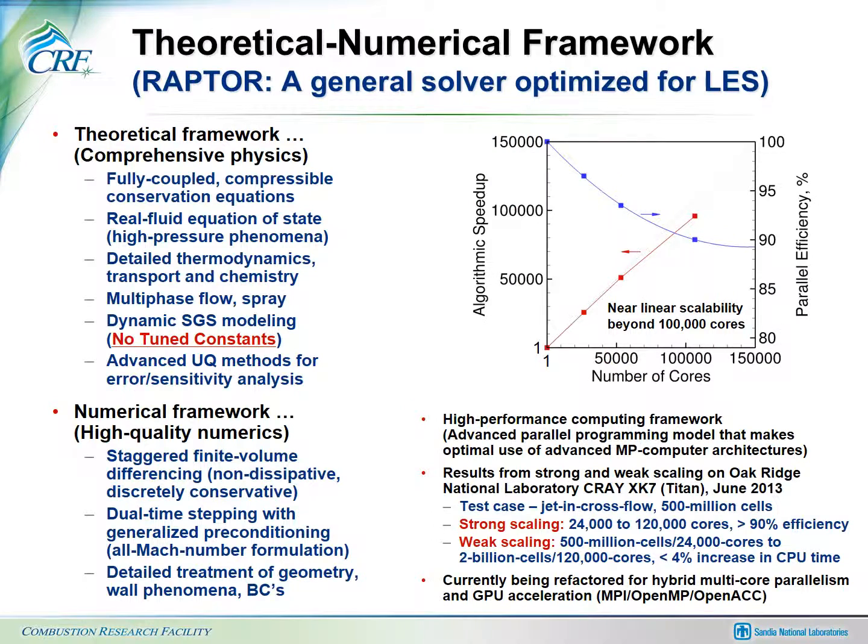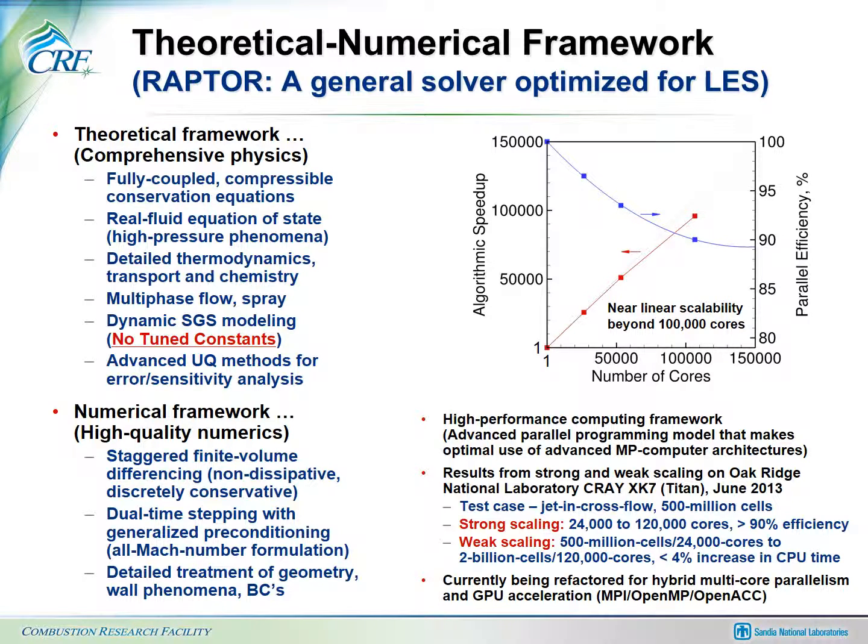I don't want to spend a lot of time on this slide at all, other than to highlight the fact that the theoretical numerical framework we're using in our solver is really aimed at 3 things. One is comprehensive physics involving the fully coupled compressible conservation equations, real fluid equations of state that handle the high pressure phenomena, such as that described in the previous slides, with the corresponding detailed thermodynamics and transport, and so on. That's point 1.